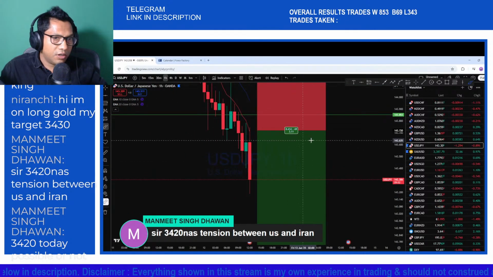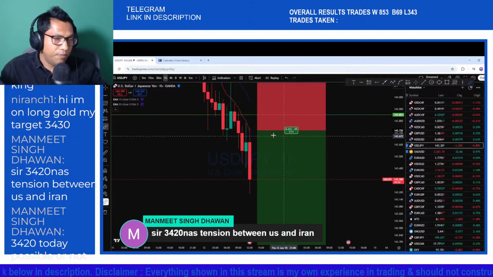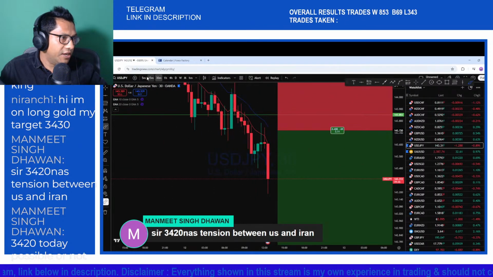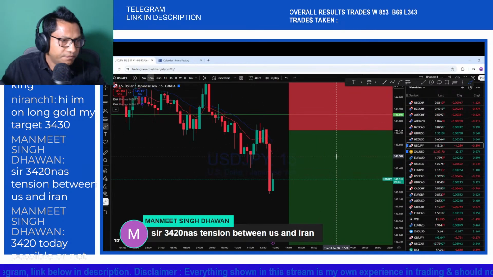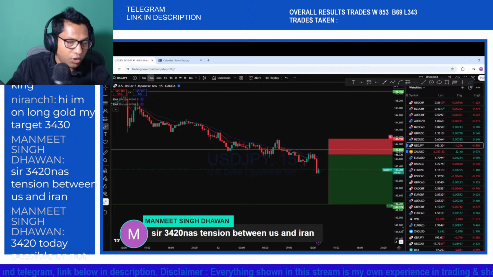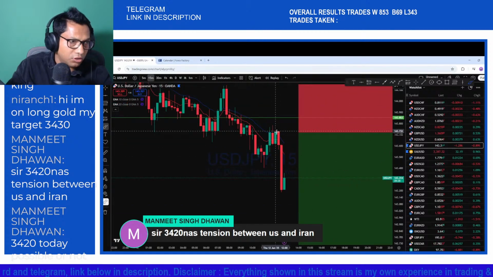So most likely we may find a possible additional entry on dollar yen, as the market has broken below after this double top formation.